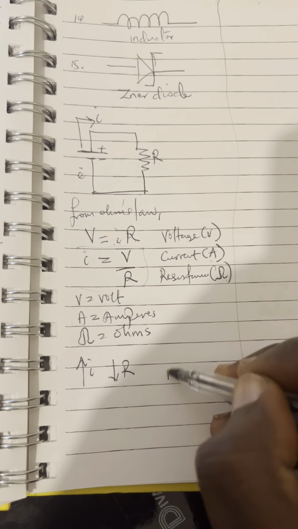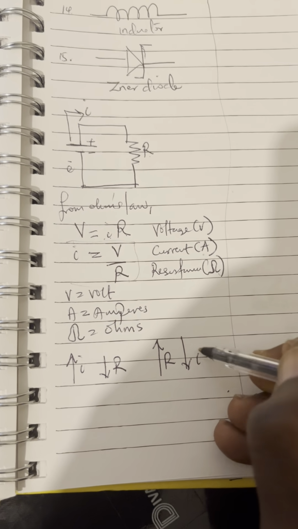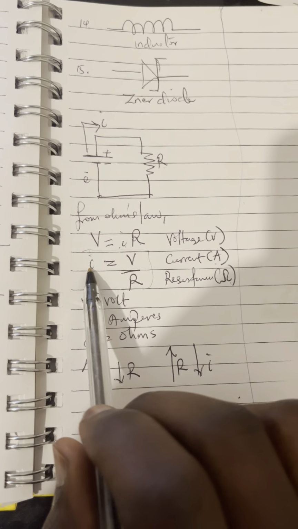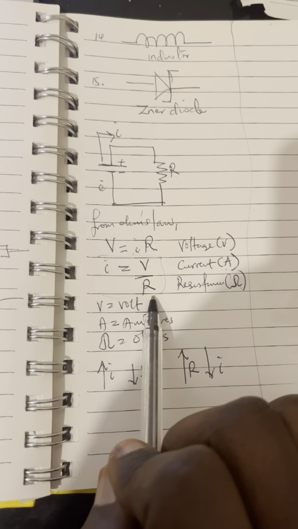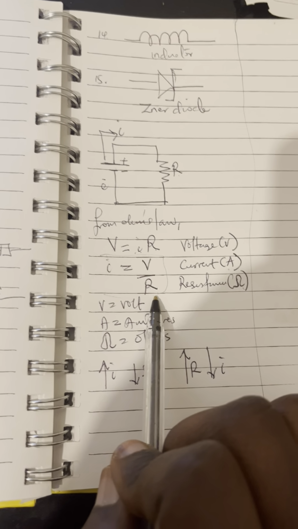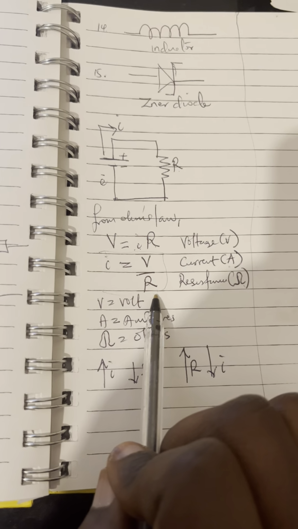And if we increase the resistance, the current will go low, because the current is inversely proportional to the resistance. You get it now? It's inversely proportional to the resistor.